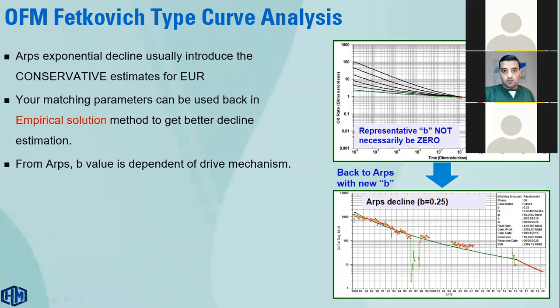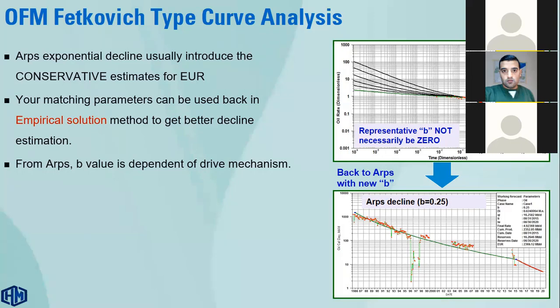As you can see, for this well the value of b is not 0, but 0.25. So we can use the Fetkovich type curve to identify the correct value of b rather than b equals 0. As mentioned, we usually use a b value of 0 because it's more conservative and we will predict the lowest value.